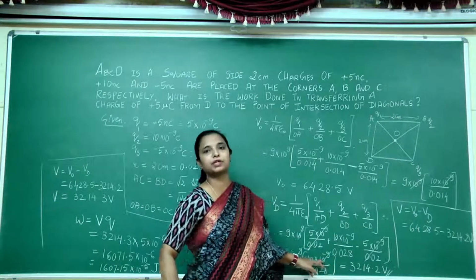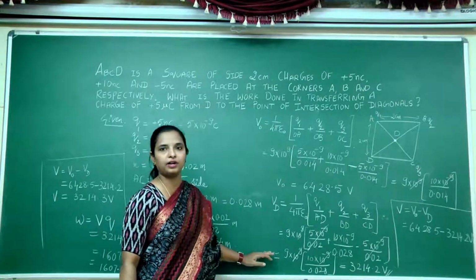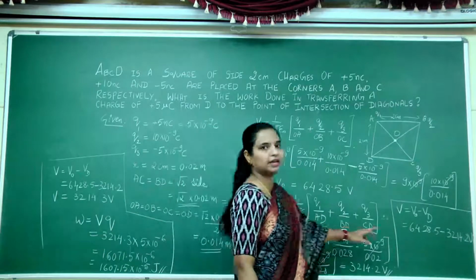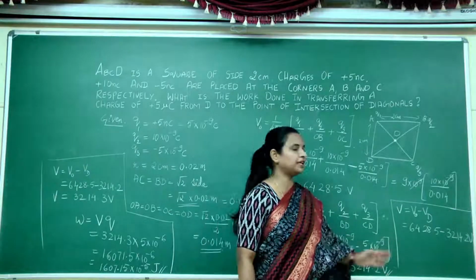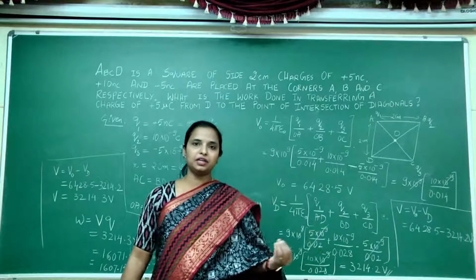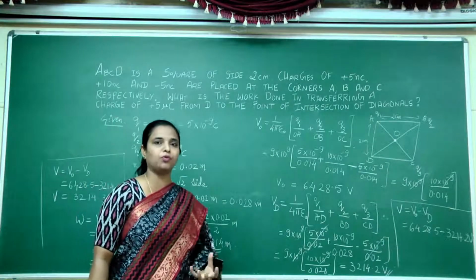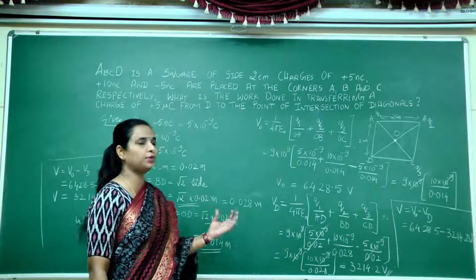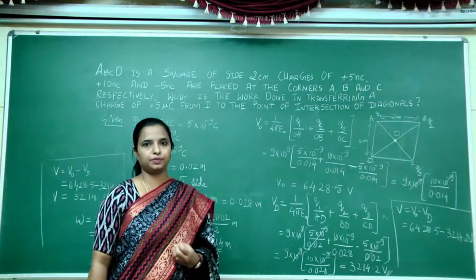You have to substitute the distances properly. Then you will get VO and VD. When you subtract it, you will get the potential difference. When you get the potential difference, that potential difference multiplied with the charge which has to be transferred from D to O will give the amount of work done for the purpose.